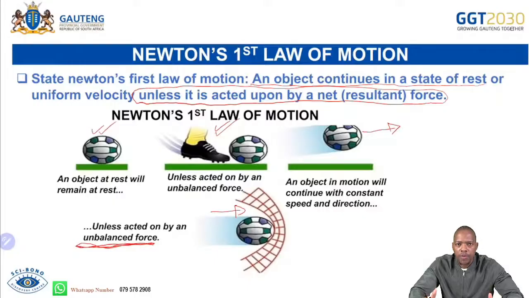You want to define according to the examination guideline. And the examination guideline gives the law in this manner. An object continues in a state of rest or uniform velocity unless it is acted upon by a net or resultant force.